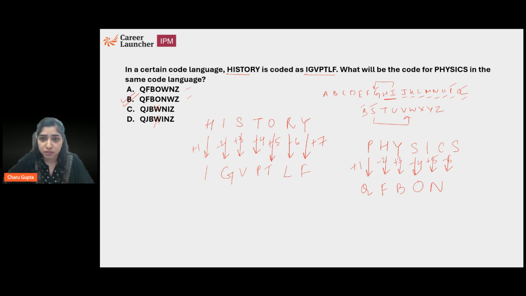So C minus 6. 1, 2, 3, 4, 5, 6. W. And S, minus 7, plus 7. So it's 1, 2, 3, 4, 5, 6, 7. It's Z. So hence that is right. Option B is your correct answer. Okay, not difficult.